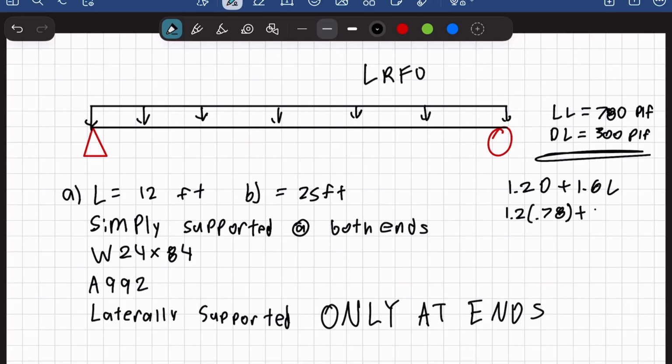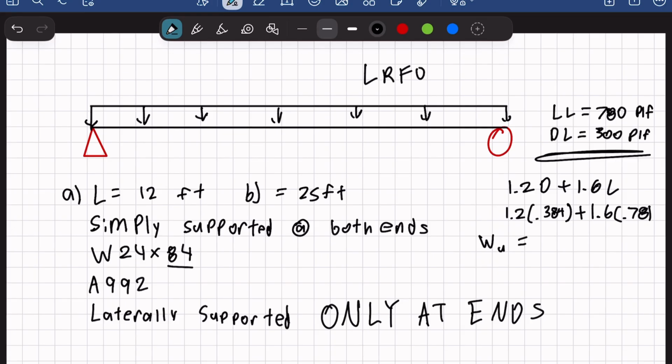Remember that we have 300 pounds per linear foot of dead load. However, this is an 84-pound beam, so actually we have 0.384, because it's going to be 300 plus 84. And then the live load will be 0.78. This will give us Wu: 1.2 times 0.384 plus 1.6 times 0.78.